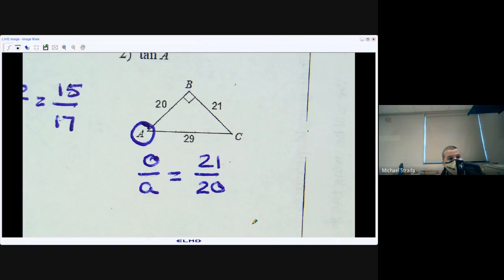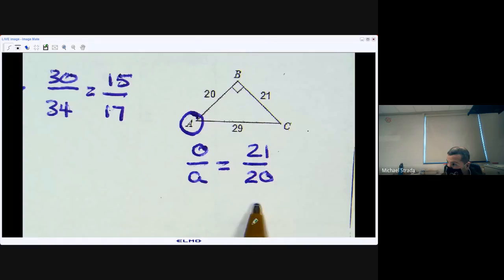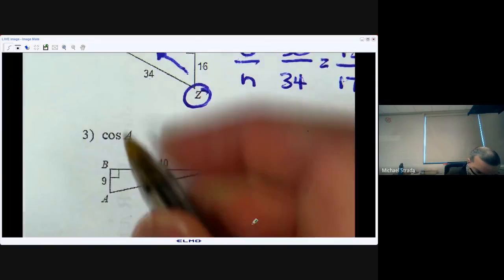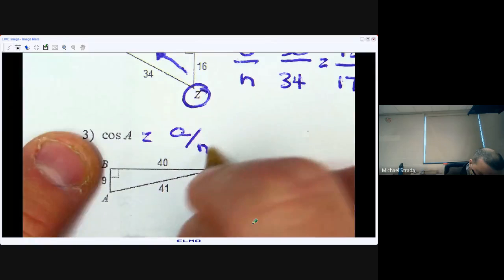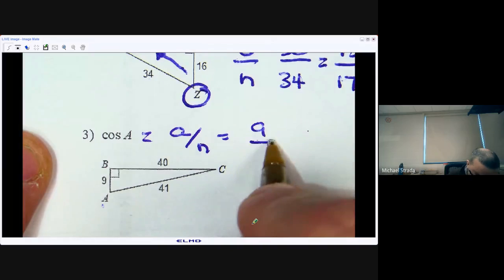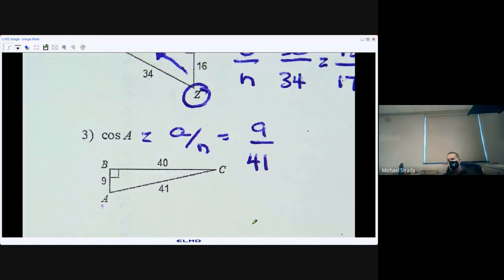Obviously, tangent can be greater than 1. Cosine is adjacent over hypotenuse. Adjacent to A is the 9. The hypotenuse is 41. So it would be 9 over 41.